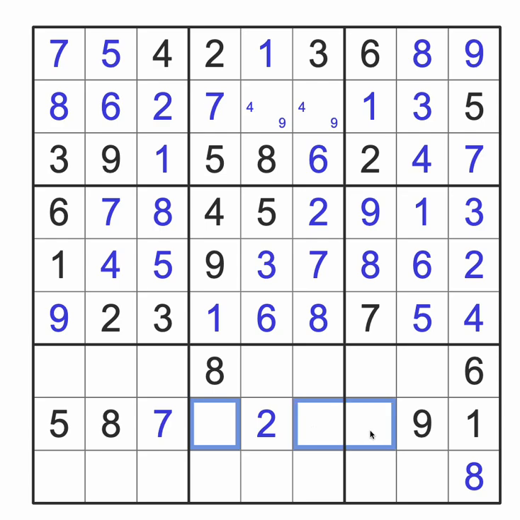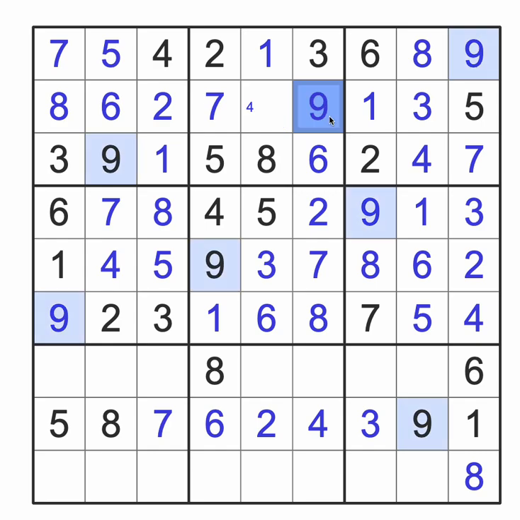These are 3, 4, 6. 6 blocks here. This 6 blocks here. Gives me 6 here. These are down to 3 and 4. 3 here makes this cell 4, and this is 3. This 4 has made this cell 9, and this is 4.